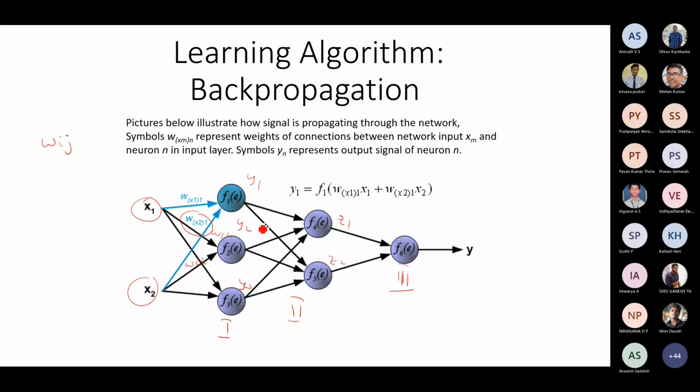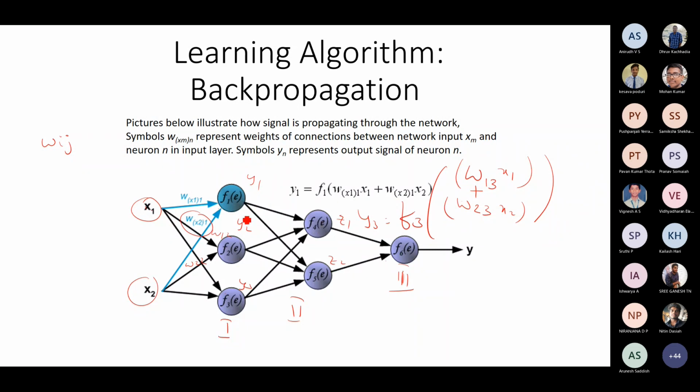And similarly W13 and W23, operated upon x1 and x2 respectively. You multiply and add, and then apply a function F3 on this, which is called Y3. So you have Y1, Y2, Y3, which will be given on to the next layer.